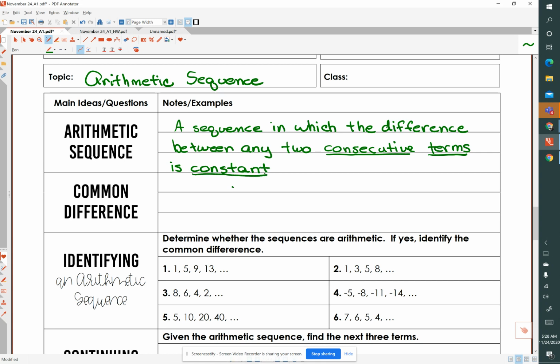Okay, now what is the common difference?